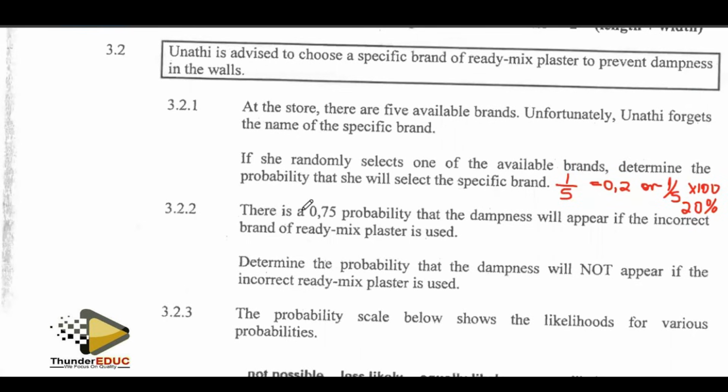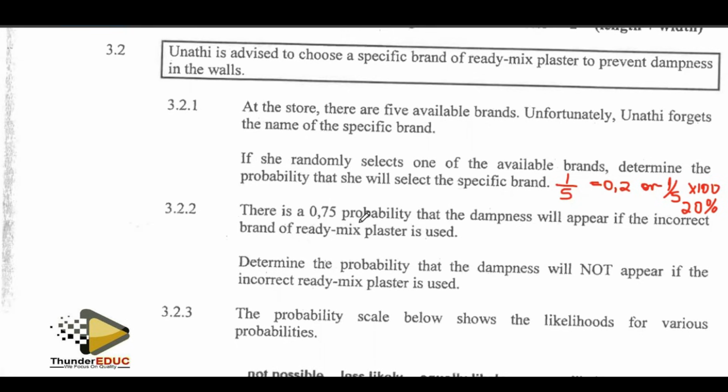3.2.2: there is a 0.75 probability that the dampers will appear if the incorrect brand of the ready mix plaster is used. Determine the probability that the dampers will not appear if the incorrect ready mixture is used.